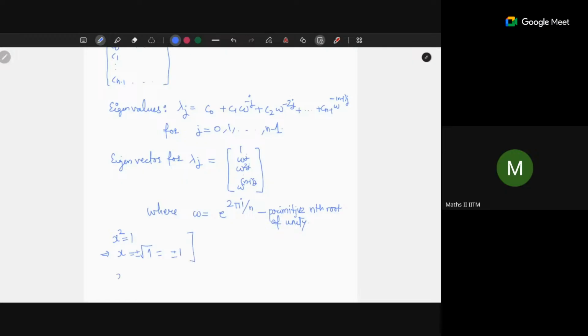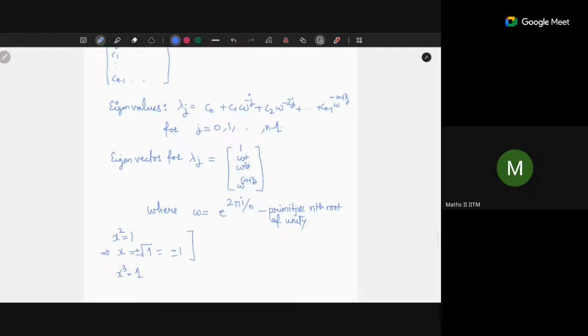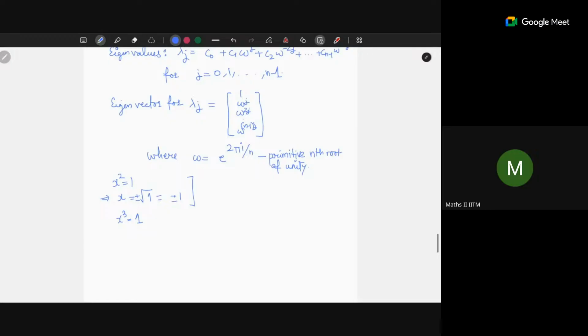But when you find the cube root of 1, then you need to go to the complex roots. Okay, complex cube roots. So 1 will be one root, but what are the other roots?